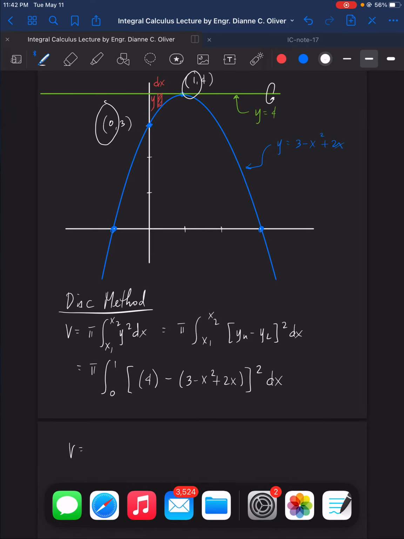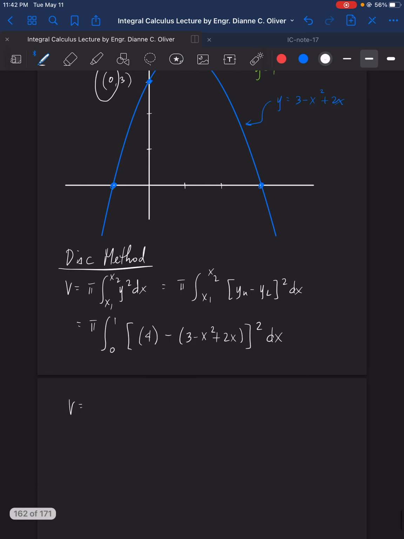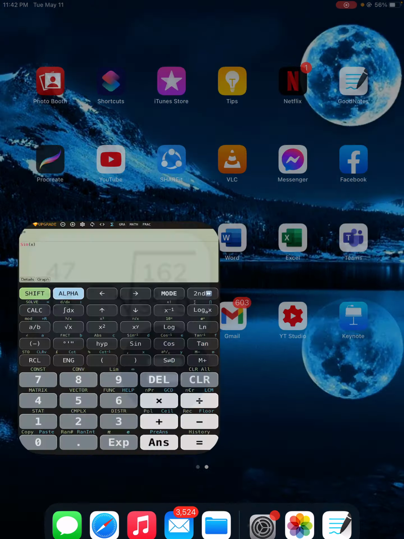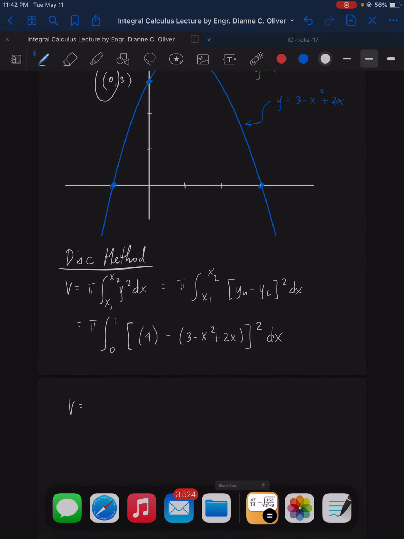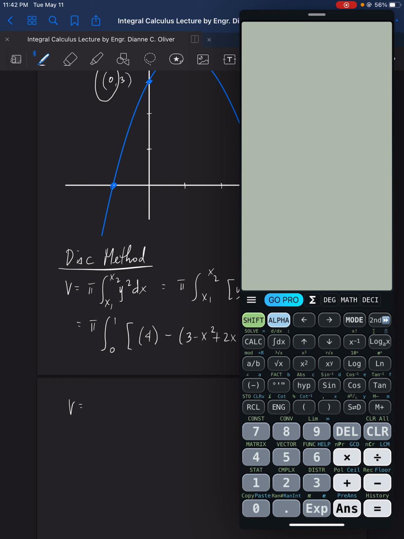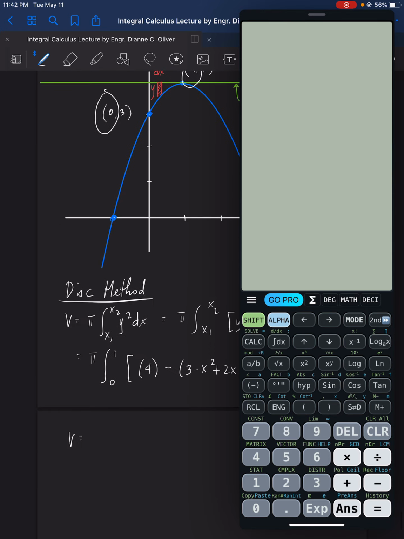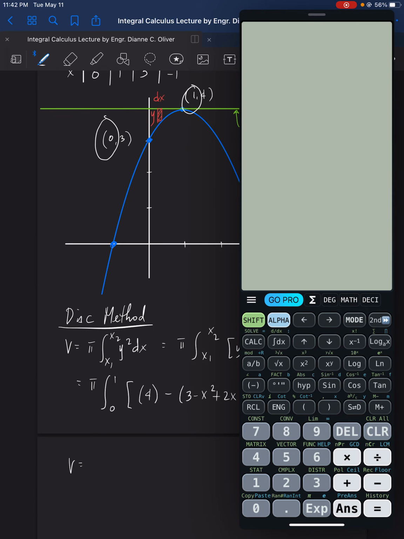So we input the integral sign here: 4 minus parenthesis of 3 minus x squared plus 2x.